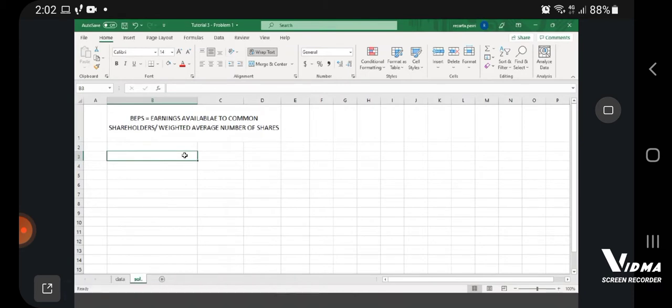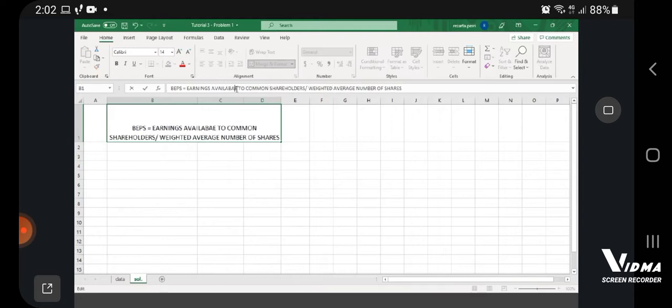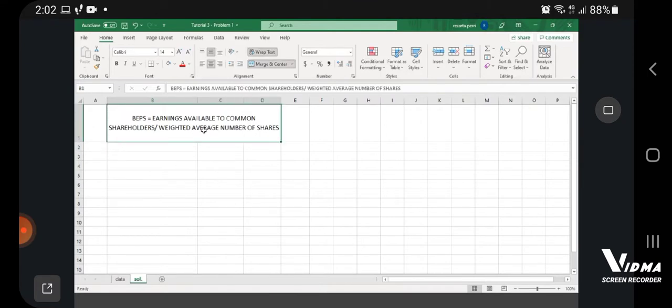The first thing we want to know is the earnings available to the common shareholders. Usually the earnings available to common shareholders is net profit minus the preferred dividends, if we have them. So first of all, we need to calculate the net profit.